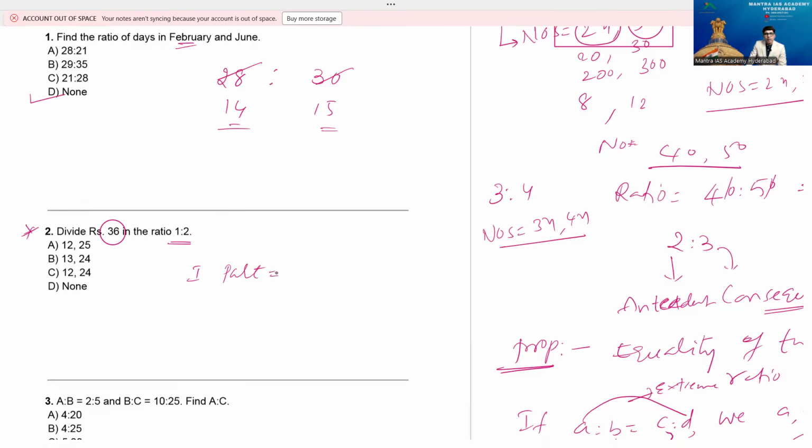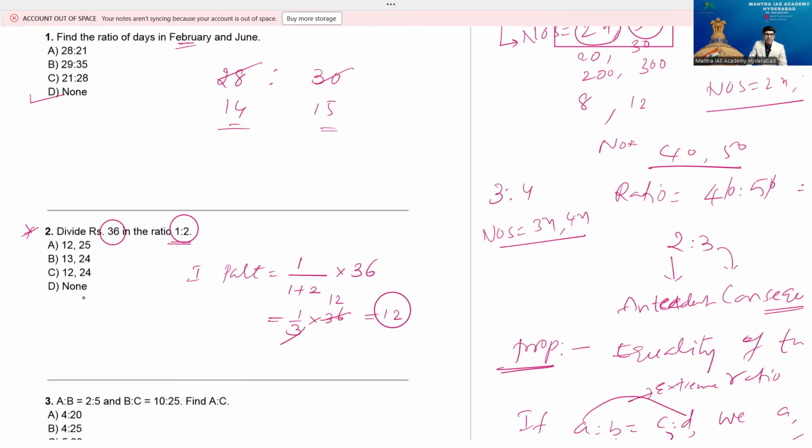First part is 1 by the sum of the ratio, that is 1 plus 2. For the sake of understanding, I'm writing this. Next onwards, you can write directly 1 by 3 like that. Out of 36, 1 by 3 of 36 implies 12. First part is 12. What is the second part?